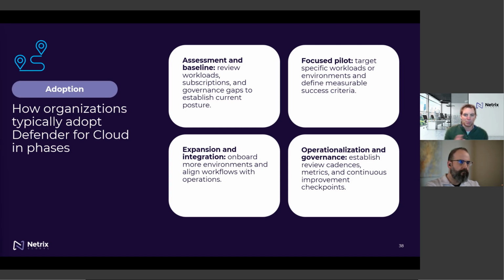And then you could have focused pilots on specific areas. So if it's Defender for servers, Defender for IoT, Defender for containers, Defender for storage, whatever it may be, you can pilot those features with a subset of your resources and start to understand what a full integration could look like. So lots of different ways to look at adoption from that perspective.